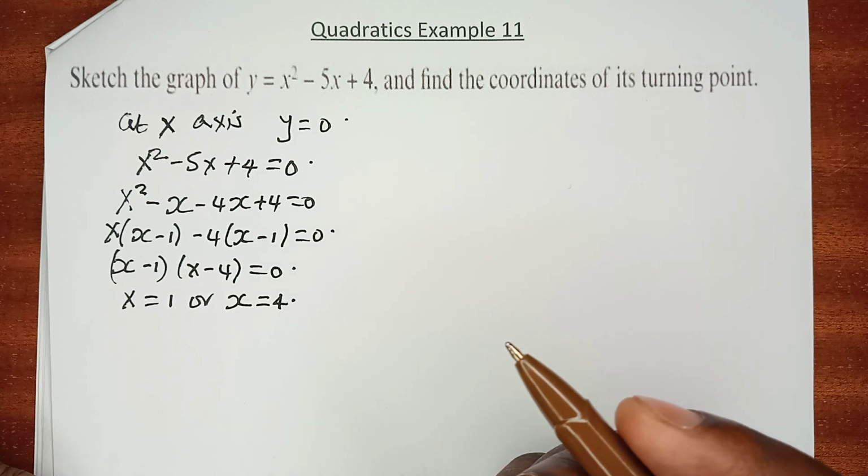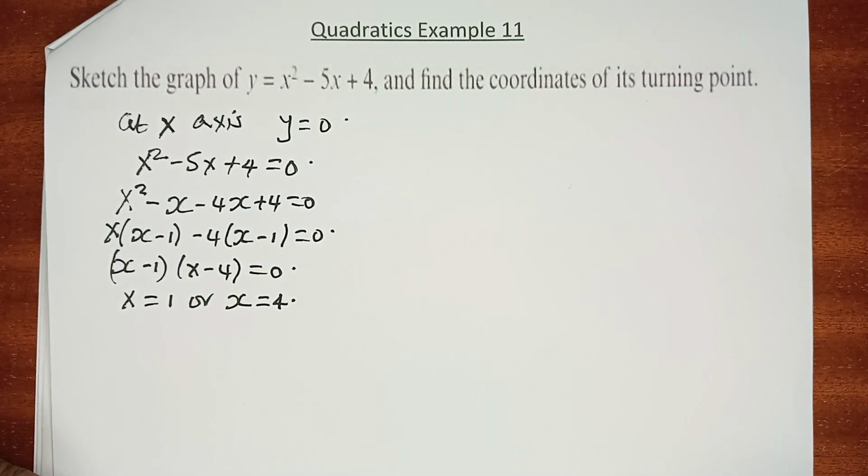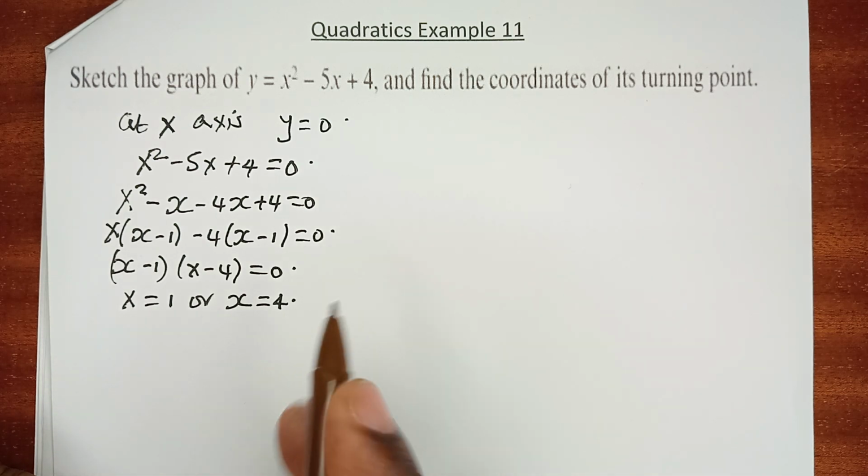That is one aspect. To get the turning point of the curve, and even before we get to the turning point, now that we know where the graph cuts the x-axis, we would want to know where the graph cuts the y-axis.